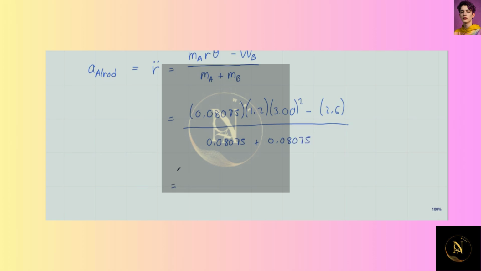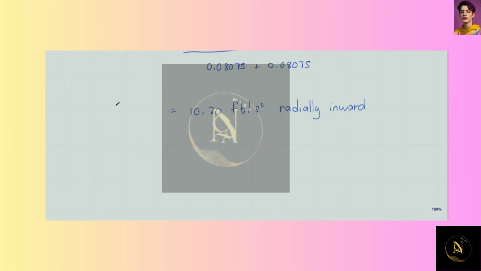Hence we get the acceleration of A relative to the rod to be 10.7 feet per square second, and this acceleration is radially inward. So essentially that's the acceleration of collar A relative to the rod.